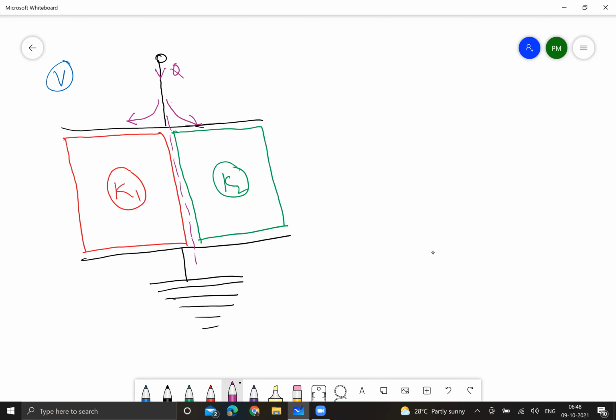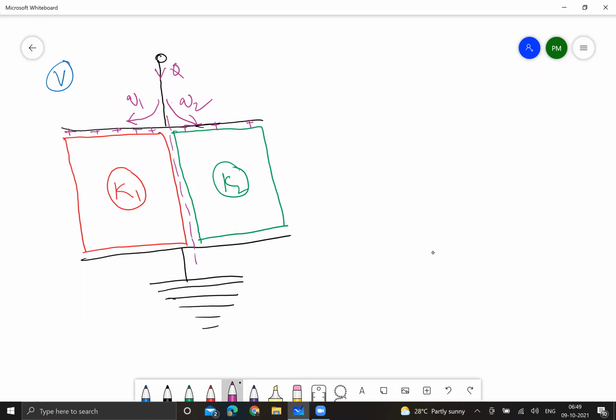Therefore, because the capacitances are different, each half will draw the charge as per its charge bearing ability. Therefore, a charge Q1 will be coming towards the left side and the remaining charge Q2 will be going towards the right side. So this is the charge on one portion. This is the charge on the other portion.